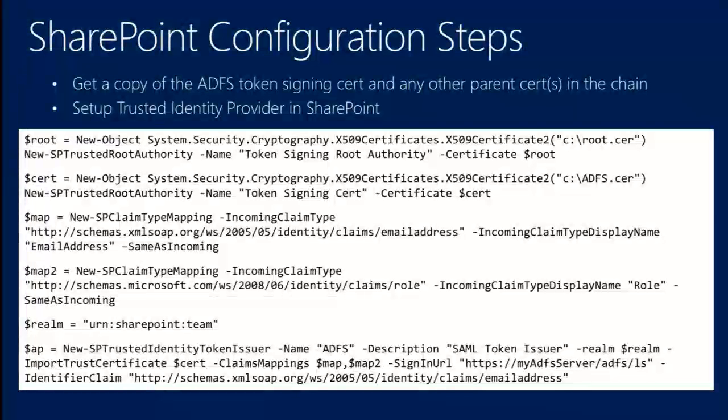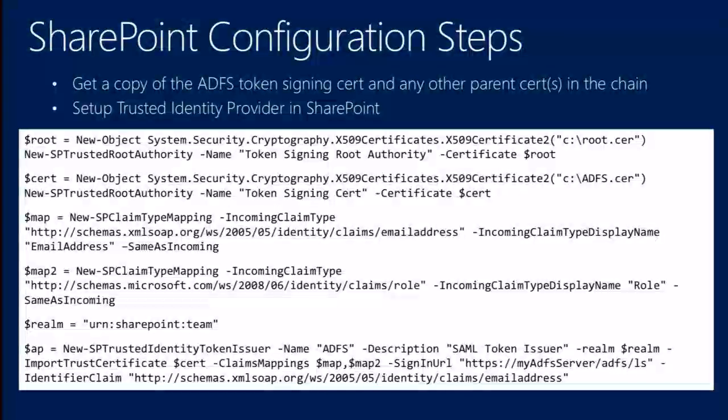So first of all, we need to get a copy of the ADFS token signing certificate. So what I showed you, as installed on my ADFS server, we have to obtain a copy of that as well as a copy of any parent certificate in the chain.